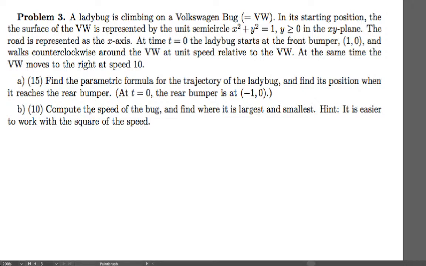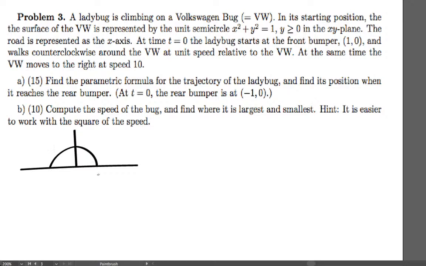First thing is that I don't understand anything, but let's try. Let's have this guy here be something like that. This is the x-axis. The bug is climbing on a Volkswagen bug, the surface of the VW. So let's say we have this VW something like this.